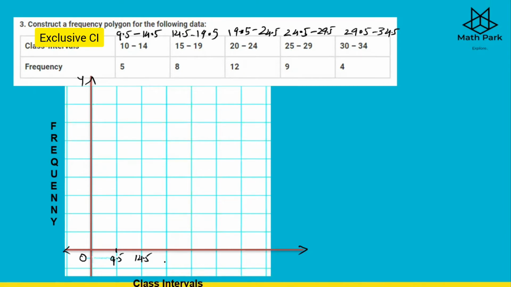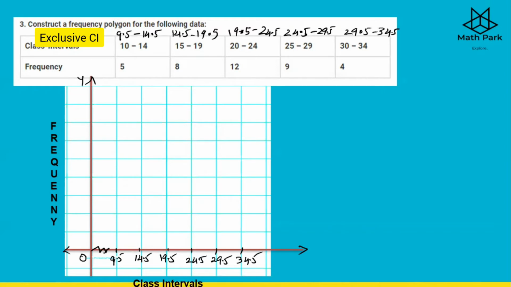Then we go for 19.5, then 24.5, then 29.5, then 34.5. Now here you can see the gap here is only 9.5, whereas here the gap is 5. So we put a kink. This is called a break of axis.